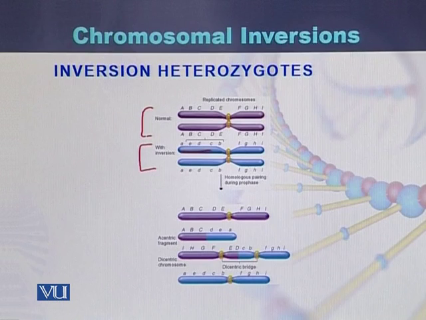In the second diagram, we can see that the centromere is involved. This is the centromere. In this fragment, the centromere has been deleted. So this is an acentric fragment, while on the other hand, there is a dicentric chromosome that consists of two different centromeres, centromere 1 and centromere 2.